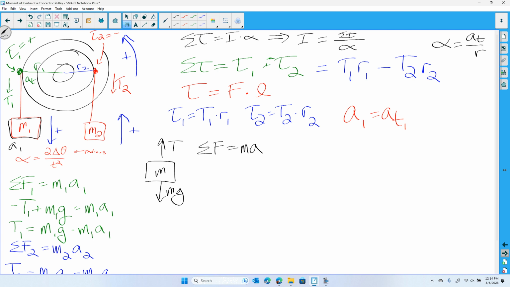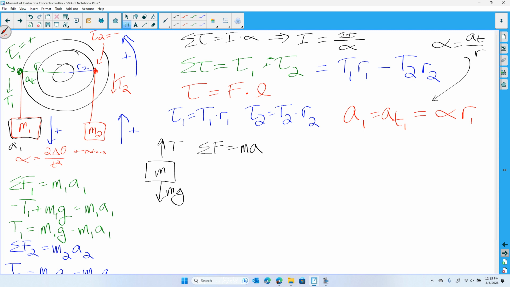So if we just multiply both sides by r there, we get that the tangential acceleration on the left pulley in my diagram is going to be equal to alpha times the distance from that point to the center of rotation.